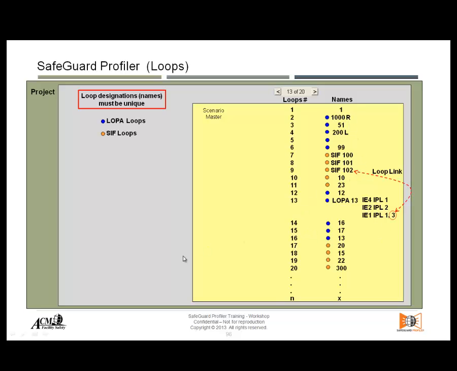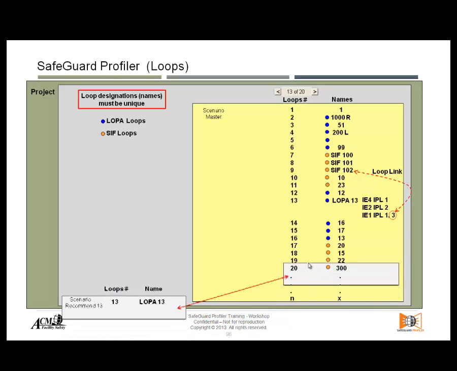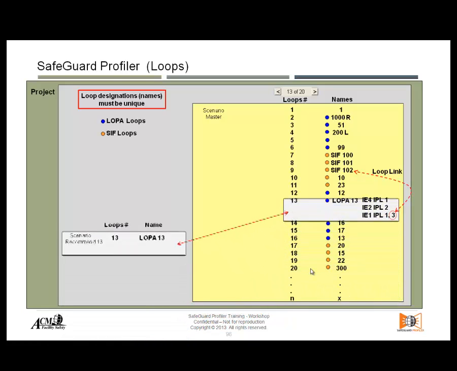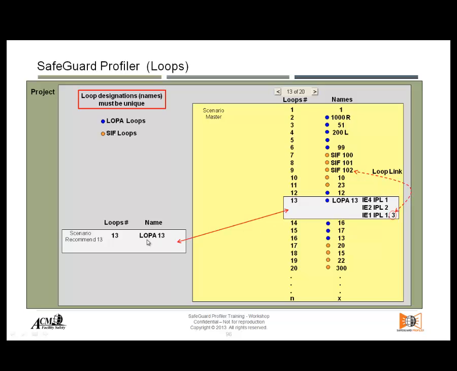So we can see here in this case that we have 13 out of 20 loops. Loop number 13 is the one that is presented there.